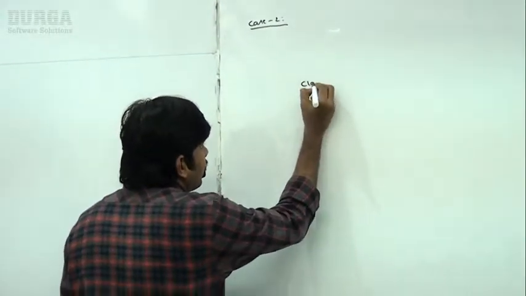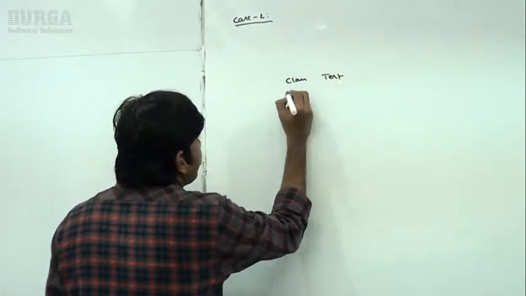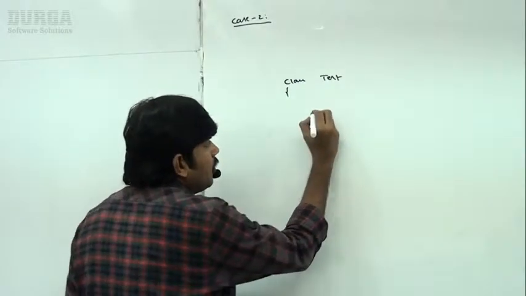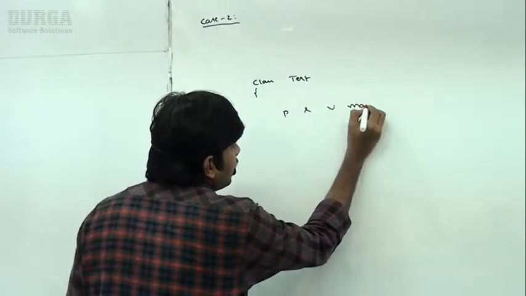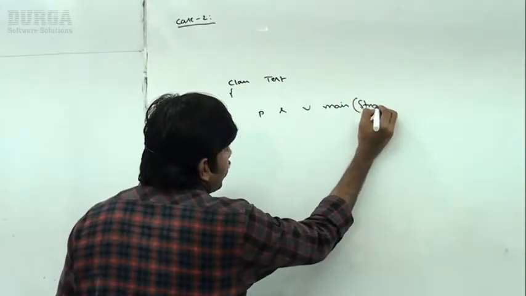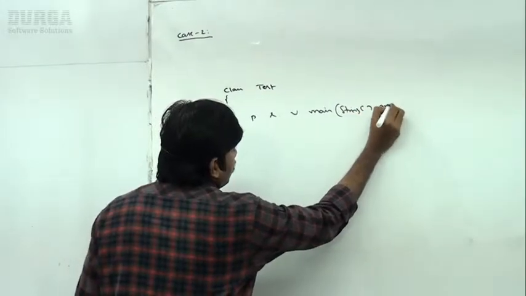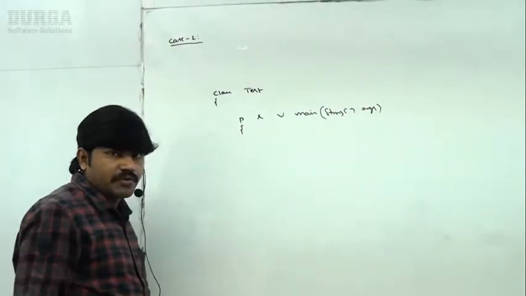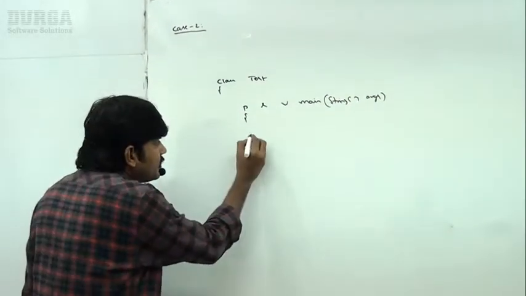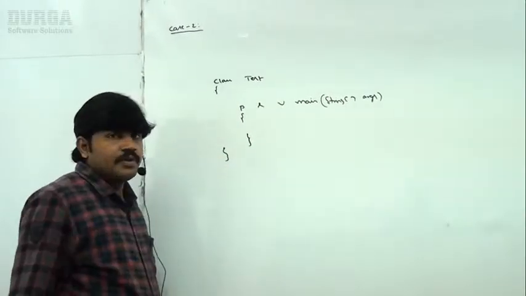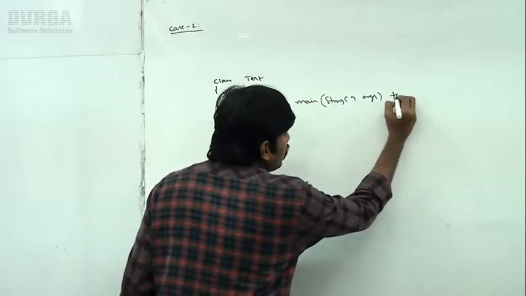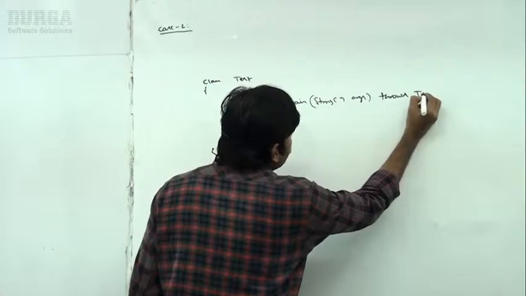Now the second case, observe carefully. Here I'm taking class Test, public static void main(String[] args), and now I am taking throws Test.